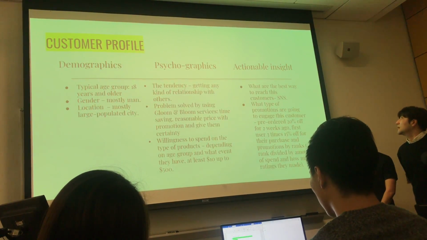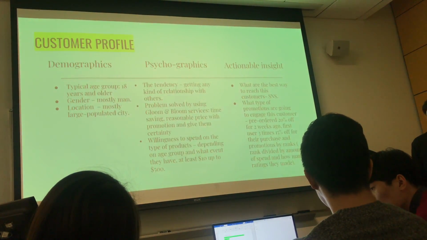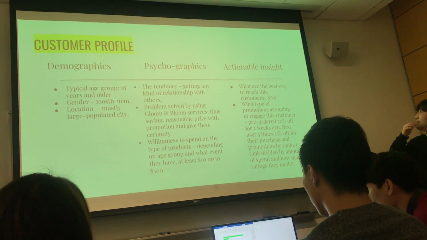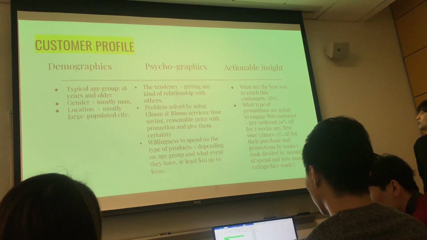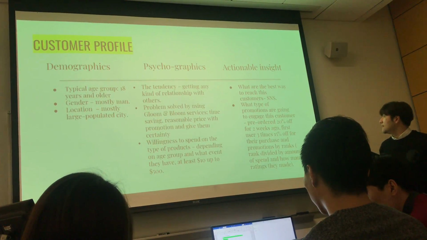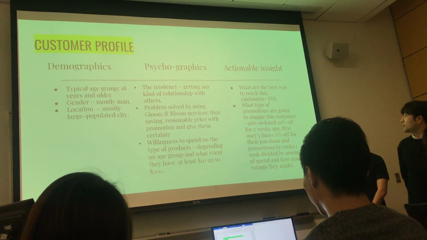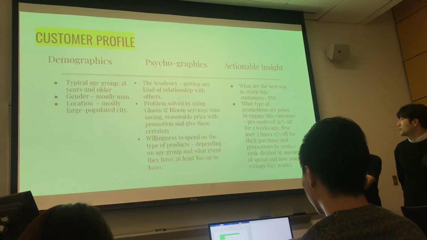So, actionable insight: what is the best way to reach this customer? By using SNS, we're going to do some marketing on that. What type of promotion is going to engage this customer? Pre-order 20% off two weeks ahead, first-time users get 15% off for their first three purchases, and a promotion by rank.